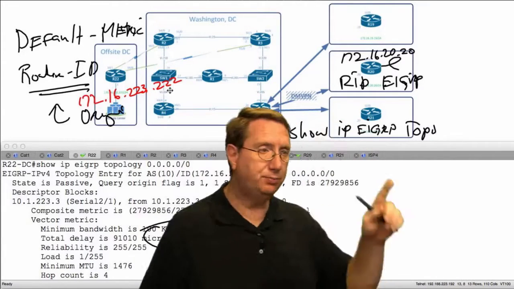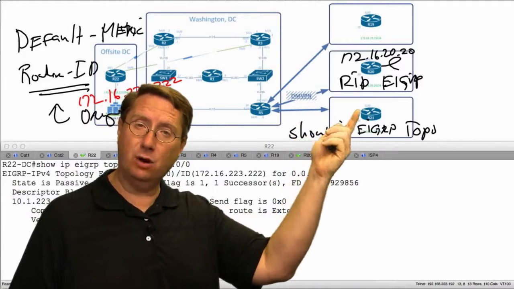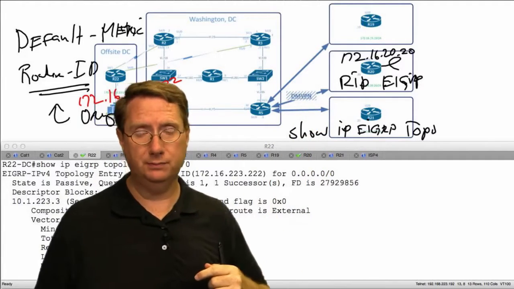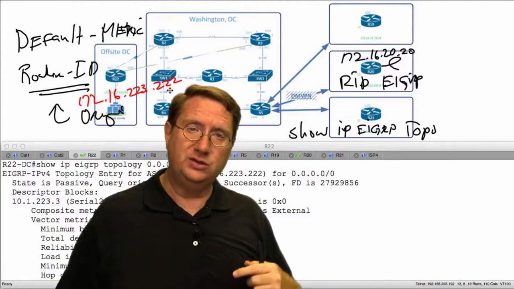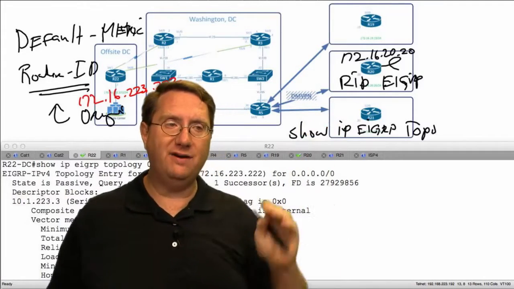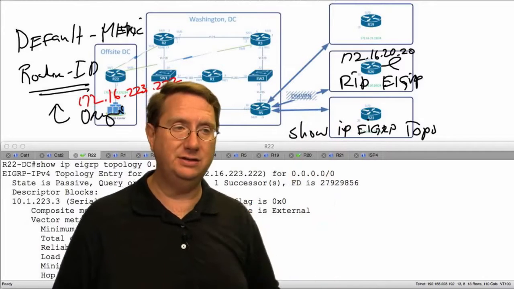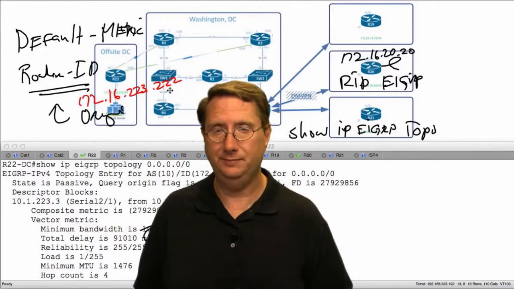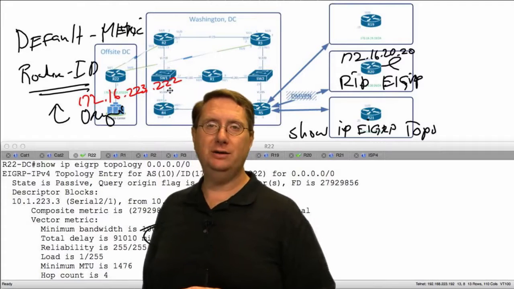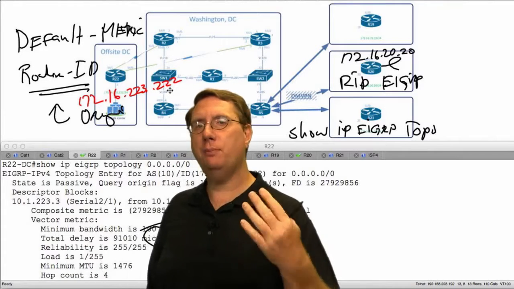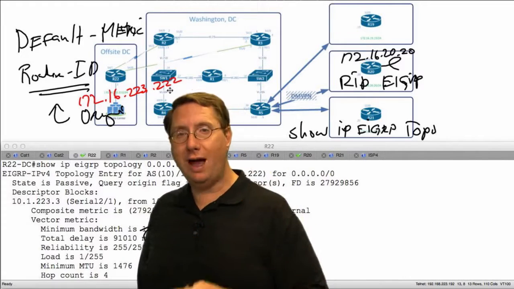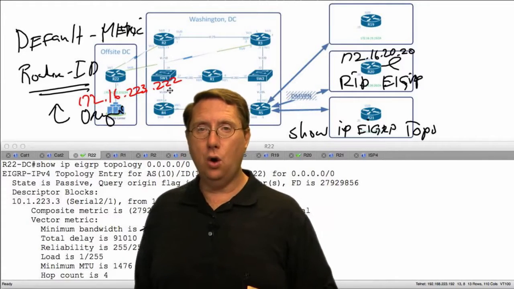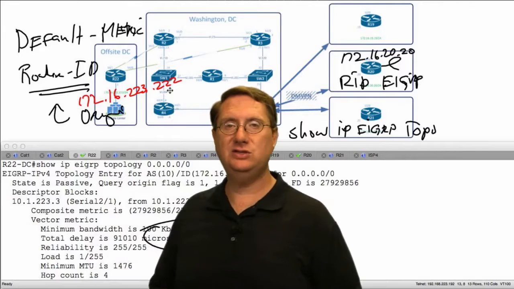Now, what we want to play around with here is the fact that R20 advertised this prefix into the network, and that prefix said it was originated by this device using that IP address of 172.16.20.20. The problem is, how does EIGRP know that this prefix is not looped?